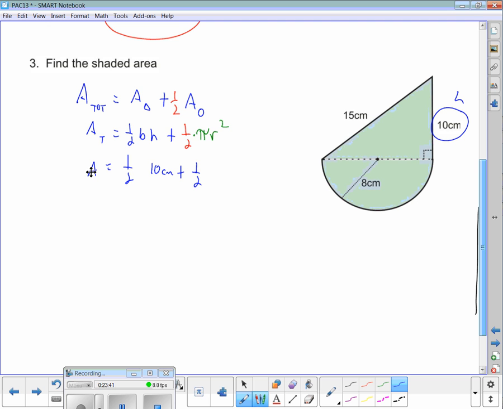The half is a half, pi is 3.14, and the radius is obviously 8 centimeters, squared, right? So I'm going to keep finishing my area first. So half times 3.14 times 64 centimeters squared.